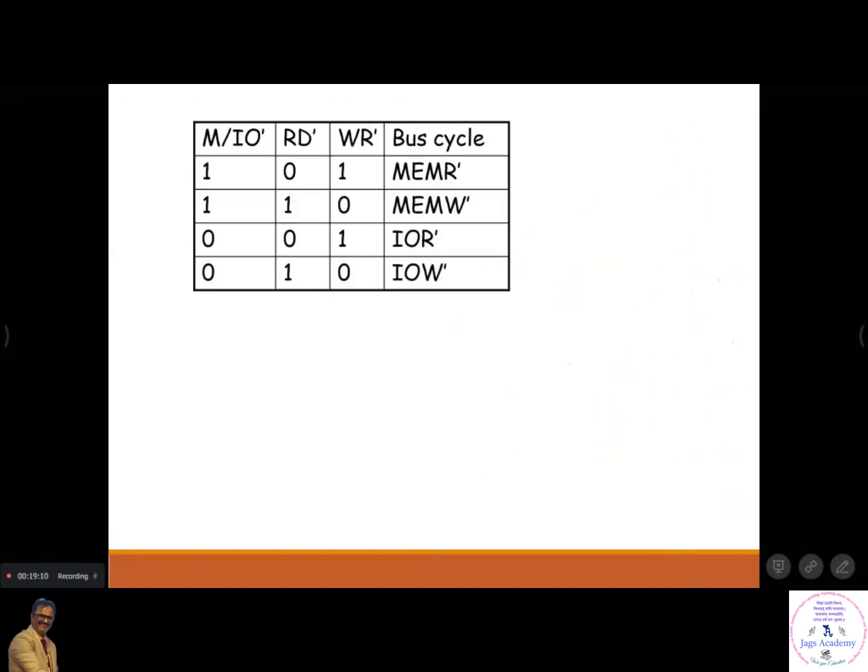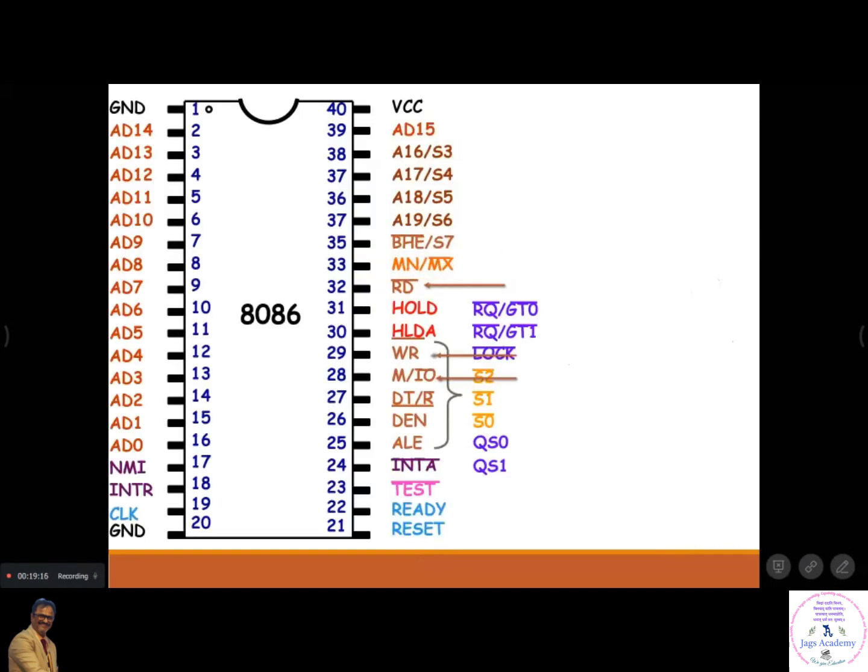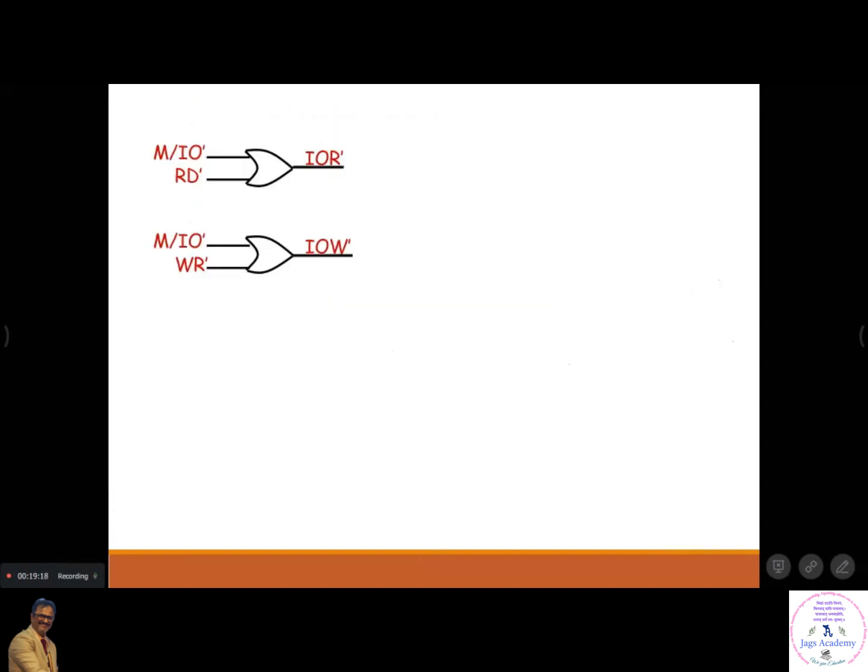This is what I have told you, right? You have to generate these 4 signals using the circuit. This is what you can just generate, a simple circuit, right? So is it not going to generate the respective signal? When this is 0, this is 0, it generates 0, right?